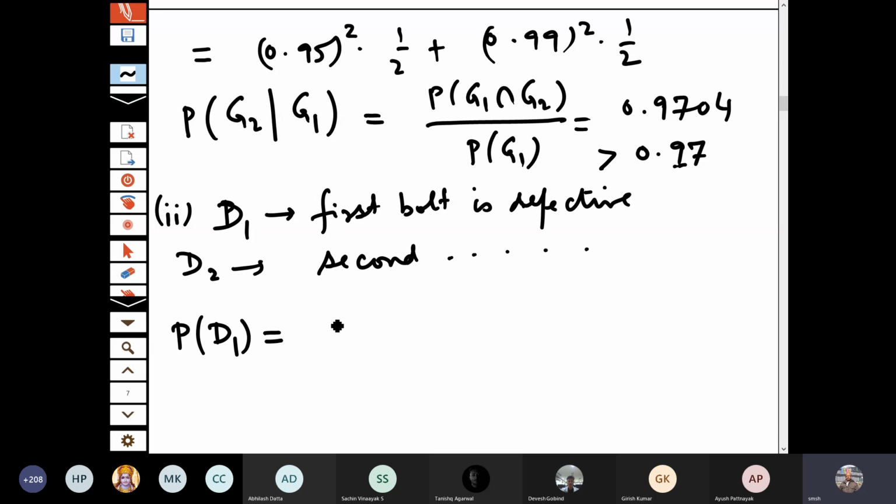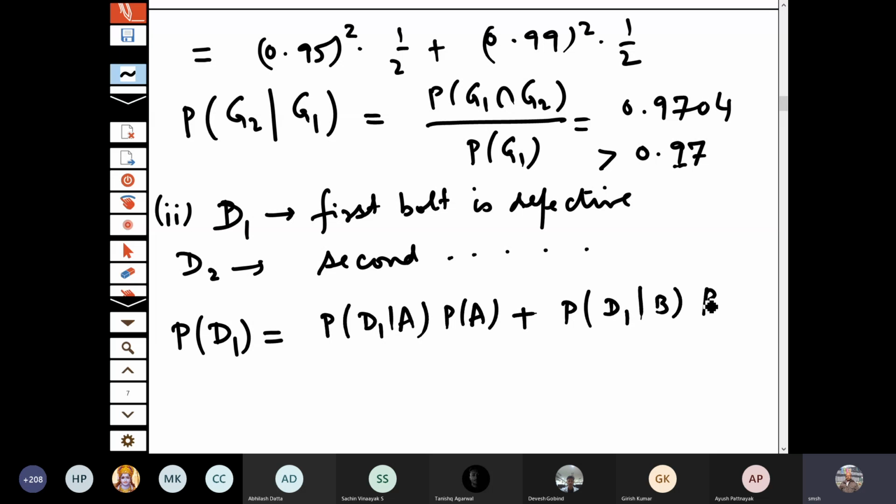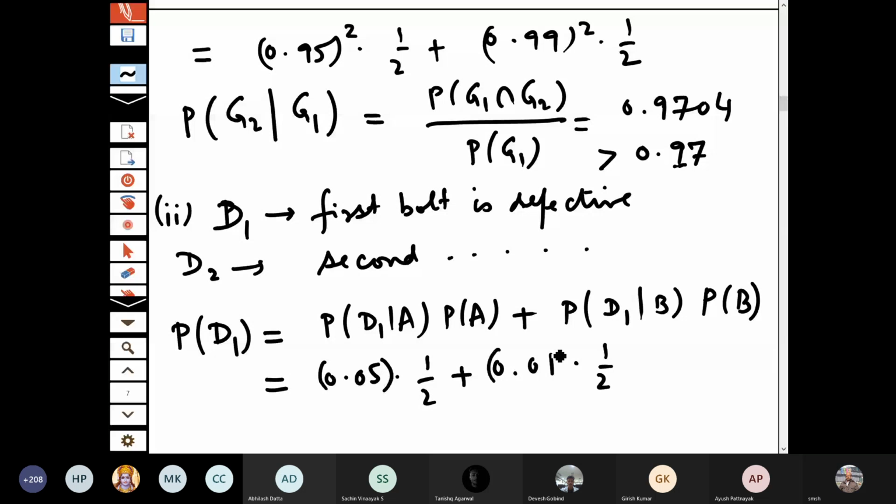It is probability of D1 given A into probability of A plus probability of D1 given B into probability of B. That is 0.05 into half plus 0.01 into half. So that is equal to 0.03.